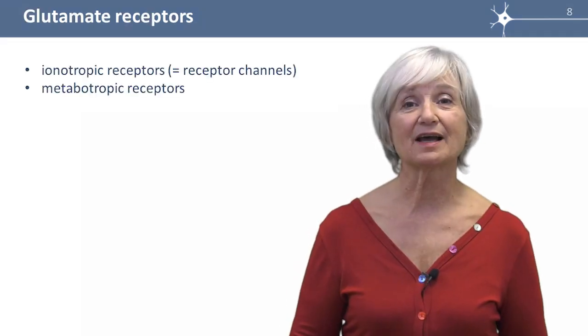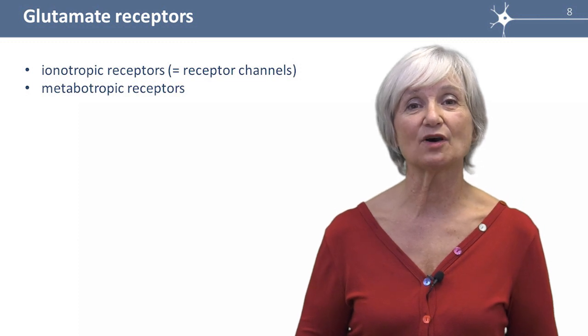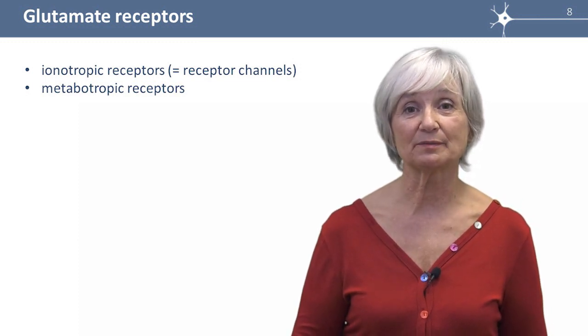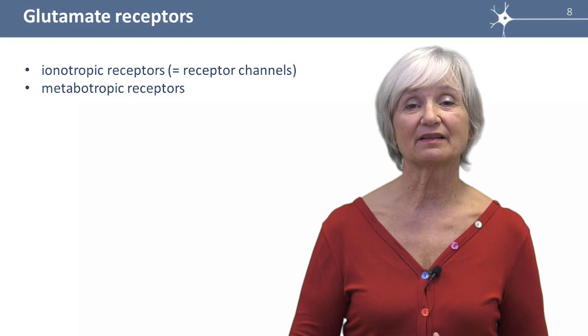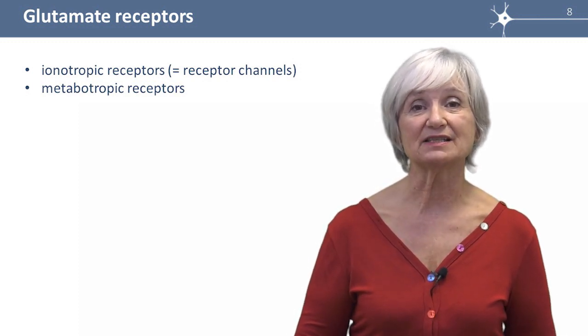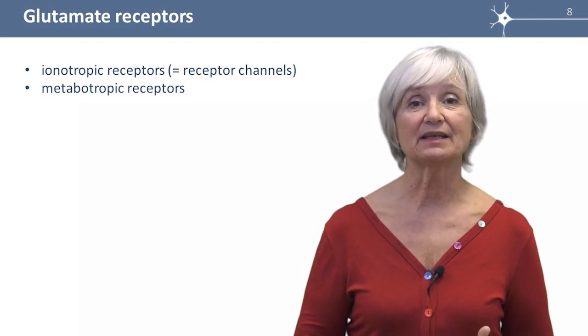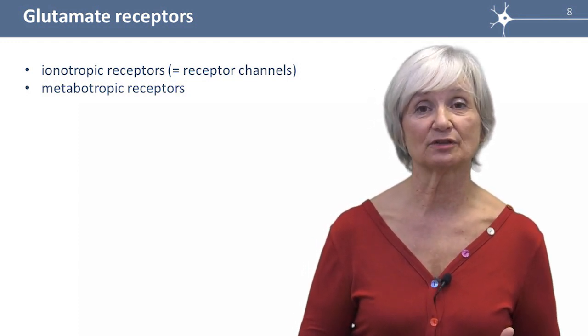If there are several types of glutamatergic EPSPs, it's because there are several types of glutamatergic receptor channels. In fact, there are three types called by the name of the agonist which opens them, the AMPA, the NMDA, and the kainate receptor channels.